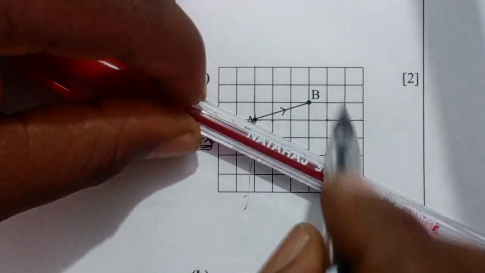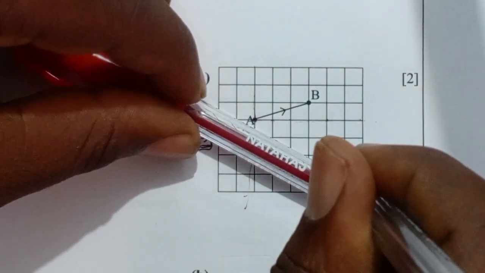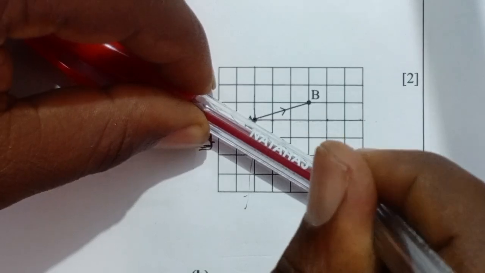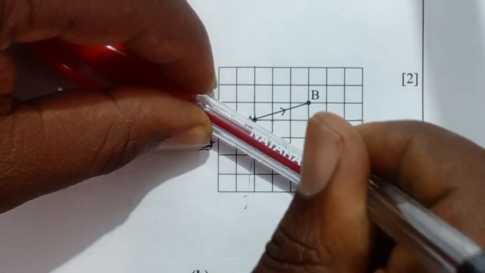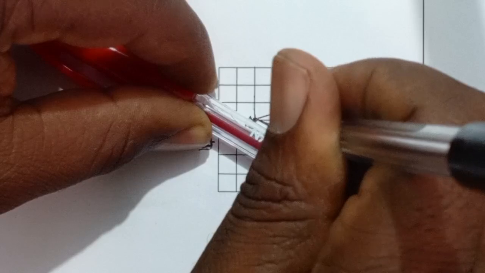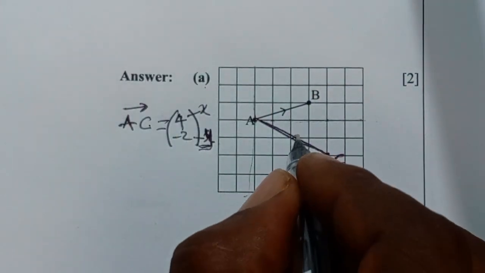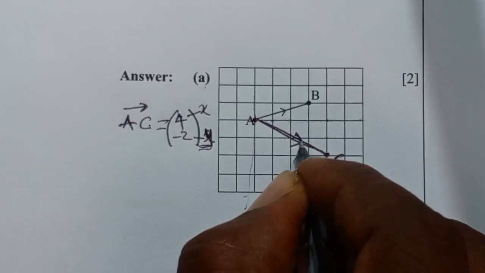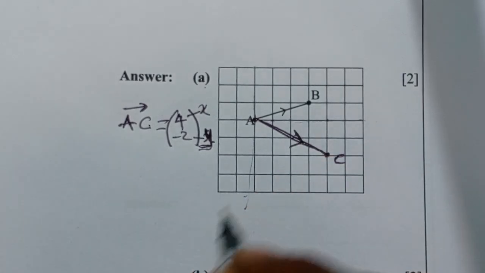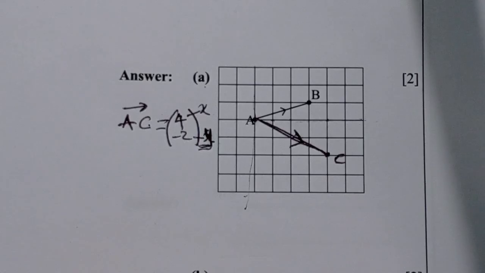So for AC, this is AC. Don't forget to show the direction. So that is vector AC.